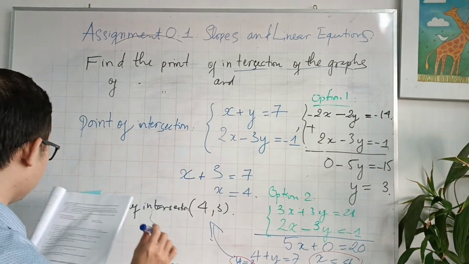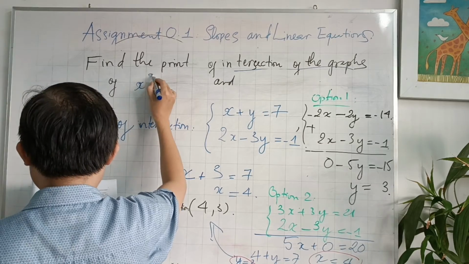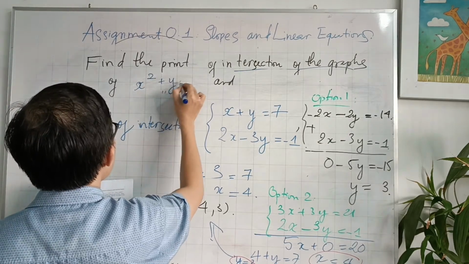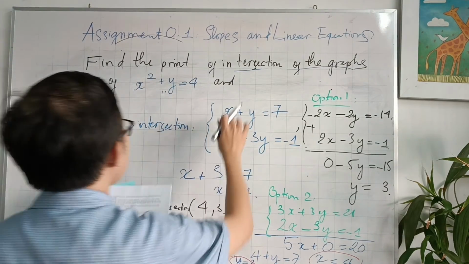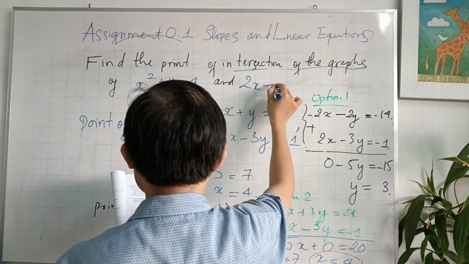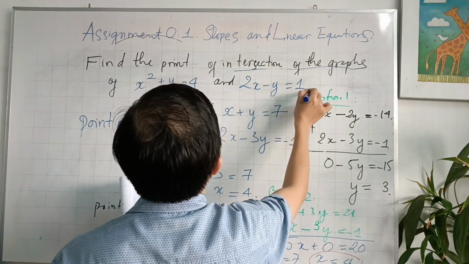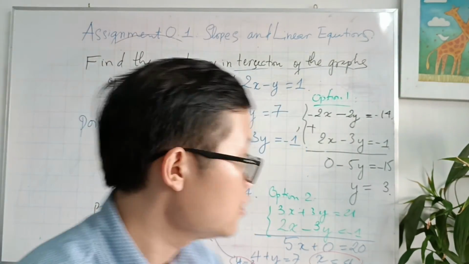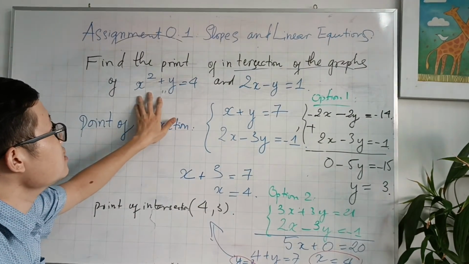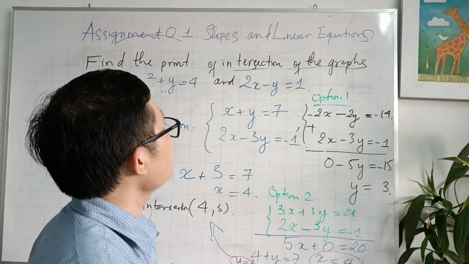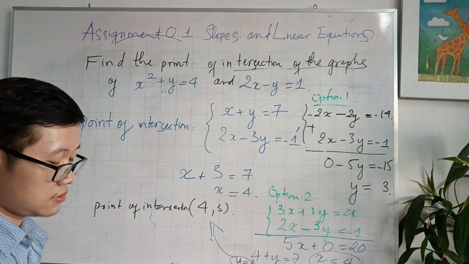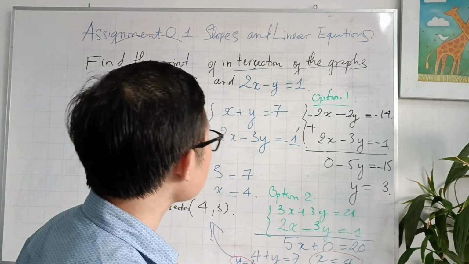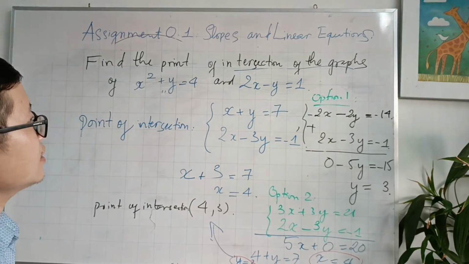It is x squared plus y equals 4 and 2x minus y equals 1. It is a quadratic equation, and it's still a linear equation. I clean the board.